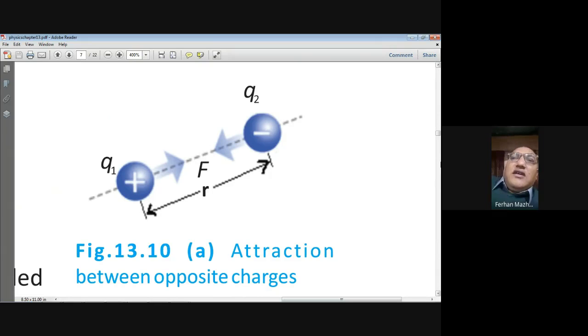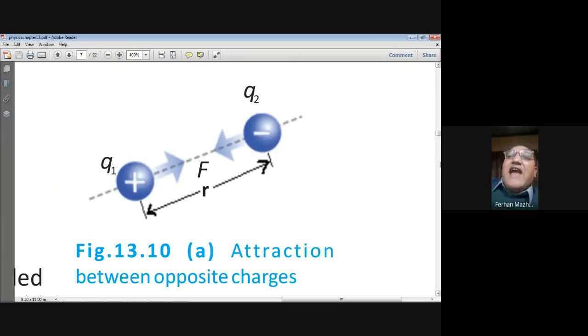One, the electrostatic force of attraction or repulsion is directly proportional to the product of the charges on both bodies.